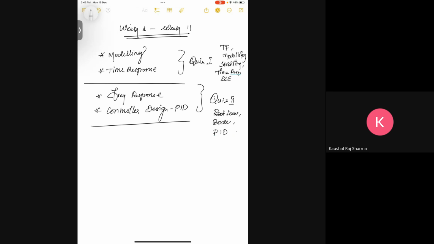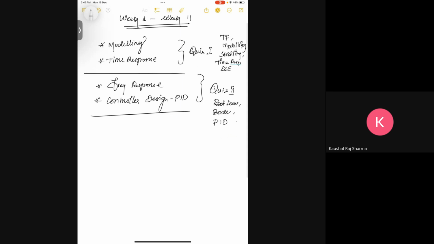Right. Apart from these two topics you studied for quiz 1 and quiz 2, the last very important topic is state space representation. Because for you to learn state space representation, the first two blocks are very essential. But instead of using the first two blocks, you will be using this state space representation topic hereafter.